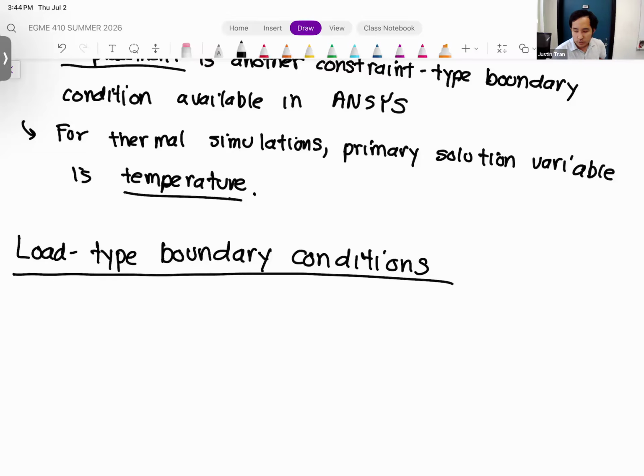So the definition of a constraint type boundary condition is pretty clear. It's pretty straightforward. It's just anything that's directly specified the solution value. A load type boundary condition is not as clearly defined, and so a load type you can kind of consider as everything else, anything else that can affect your solution.